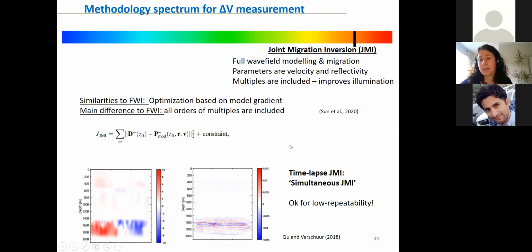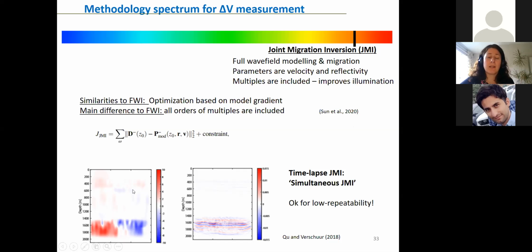Now, when they've applied joint migration inversion to time-lapse, they call it simultaneous JMI, and then the objective function becomes much more complicated because they add the monitor survey into the objective function.